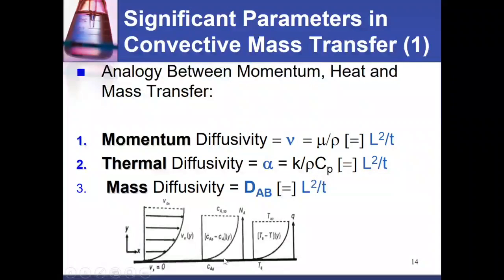If your mass transfer comes from this side, CA will also decrease upward. So this is the driving force. This is the driving force for heat transfer, and this is the temperature at the surface. This is a function of y, and this is the velocity profile, which is also a function of y.